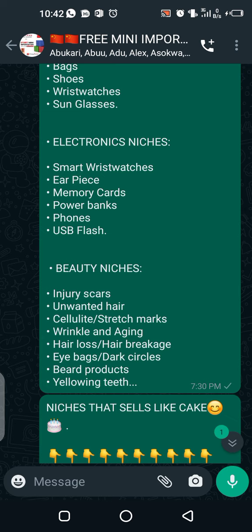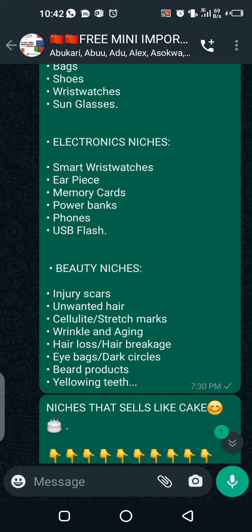We will put an end to the niches here and we will talk about the other thing that we discussed today on the page. We talked also about the Chinese currency. Normally we will be dealing with the Chinese. The Chinese currency is called yuan or RMB.